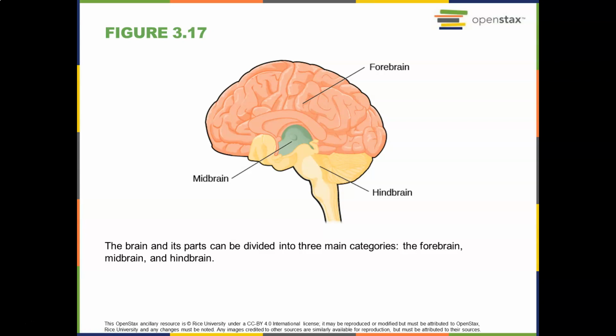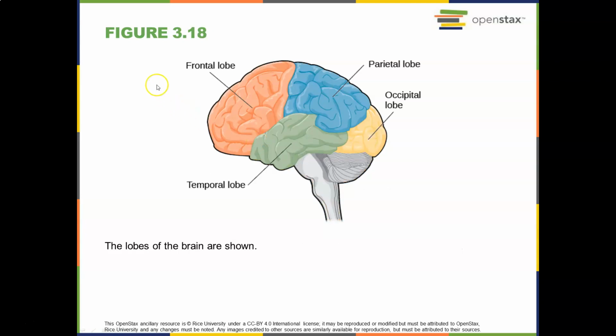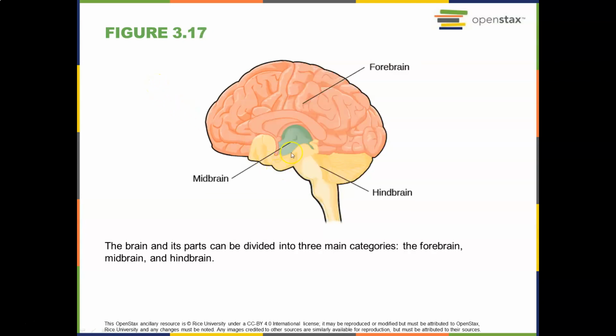Okay. And then neuroscientists call certain areas of the brain by different names. This whole area of the brain right in here is called the forebrain. Then they have this little area in green here, which is called the midbrain.